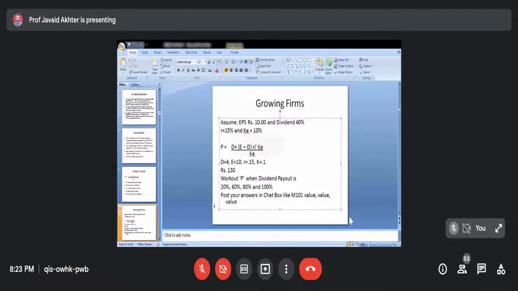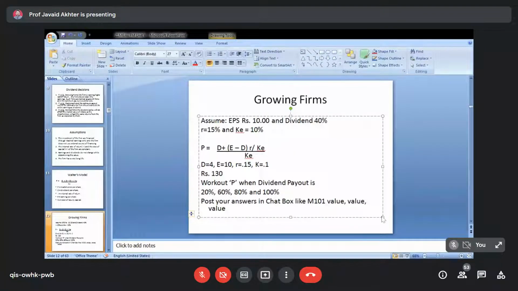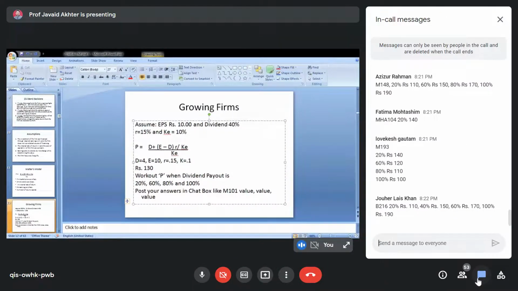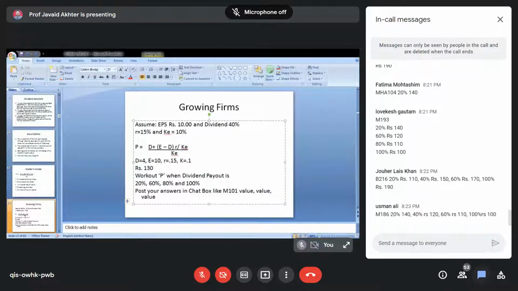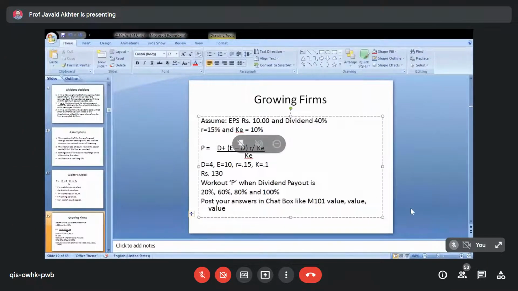The calculations right now are visible in the chat box or not? Yes, sir. They are visible. Answers are visible. Okay, but still you work out yourself and send it.